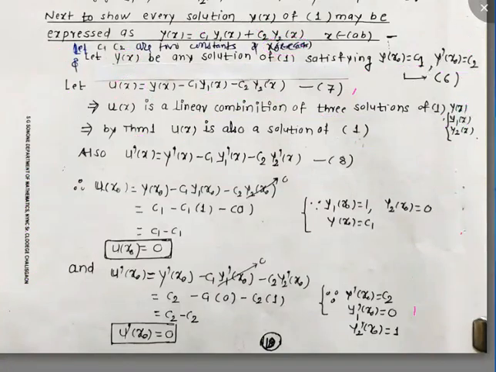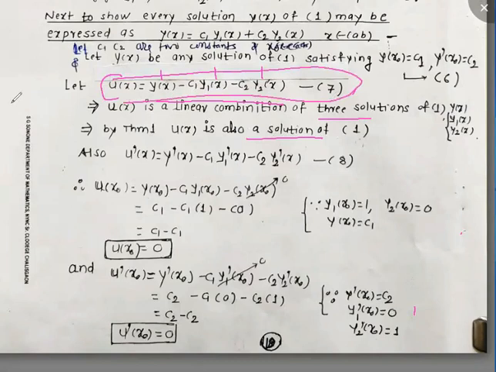Let u(x) denote y(x) minus C1 y1 minus C2 y2. Now u(x) is a linear combination of three solutions. y(x), y1(x) and y2(x) are each solutions of 1, so their linear combination is also a solution of 1. So u(x) is a solution of differential equation 1. Which differential equation?